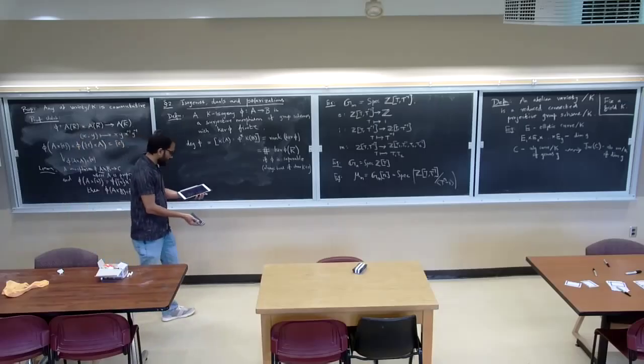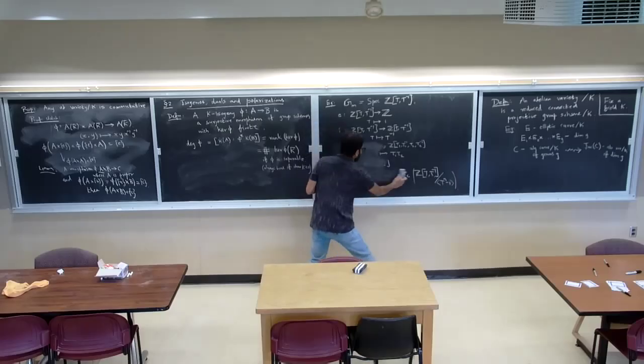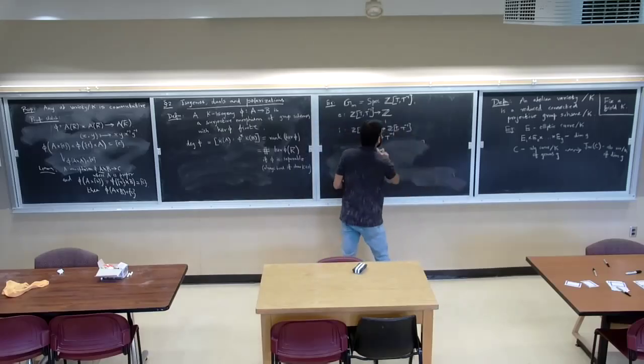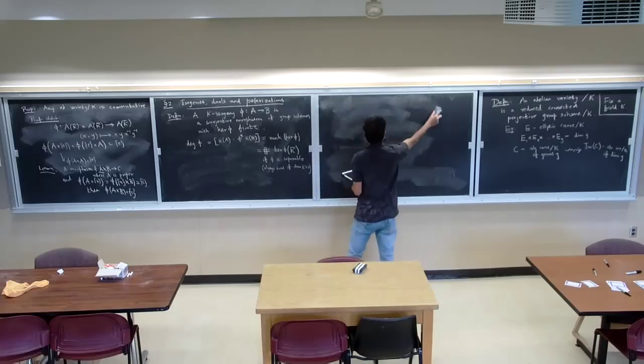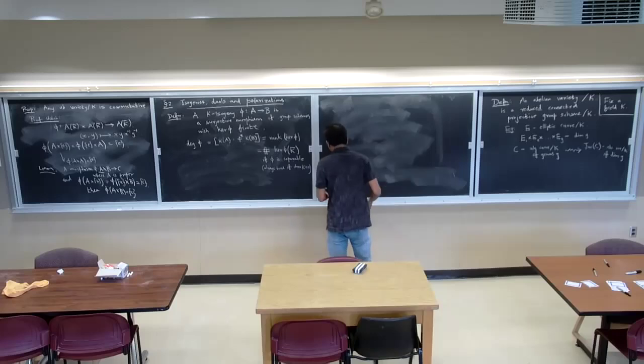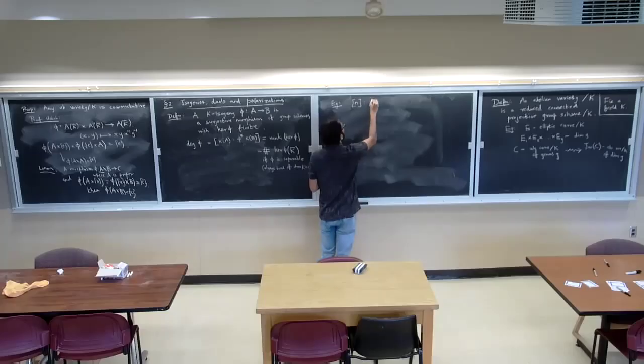Okay. So let me move ahead. So we always have the isogeny of multiplication by n.